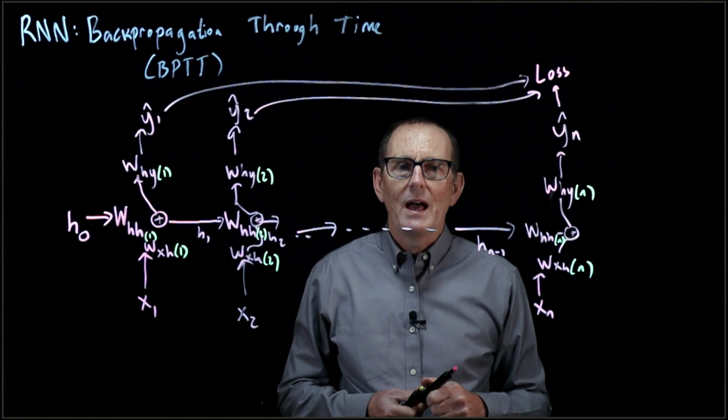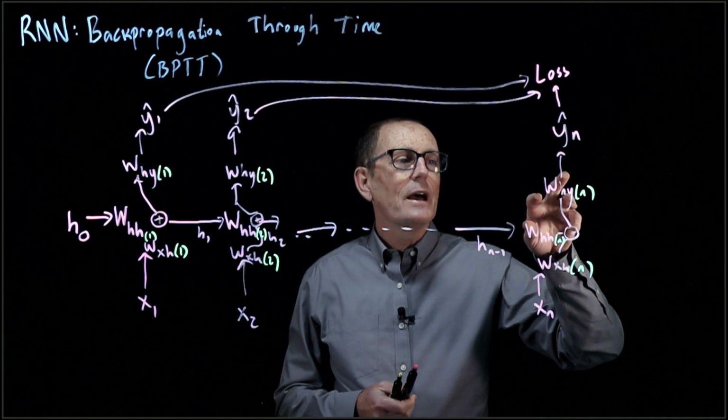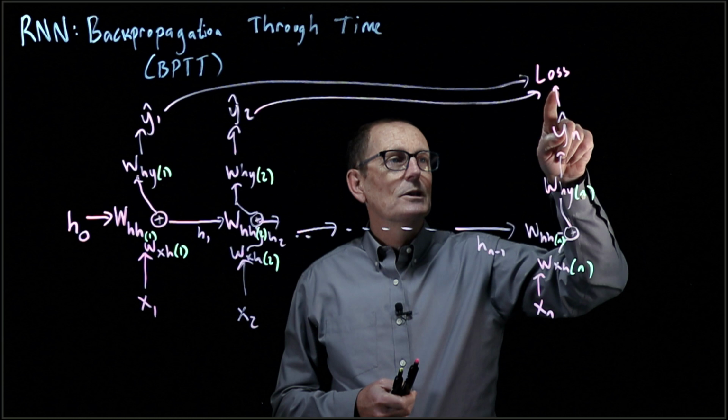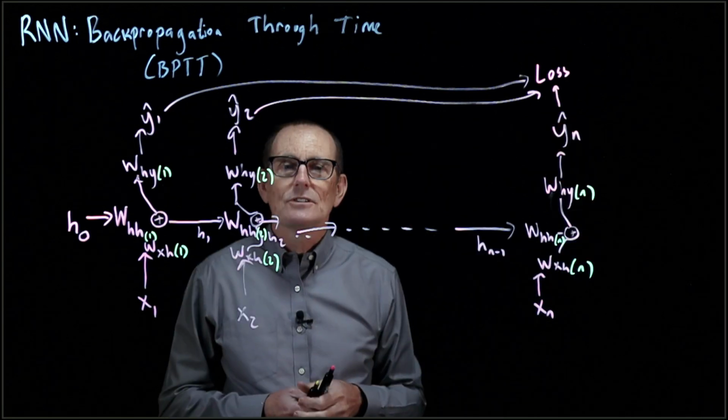So if we look, for instance, at WHY, WHY has a derivative that comes from the loss down to here, but also to here, and also to here. And it's the same matrix, so therefore what we're going to do is just sum them together.